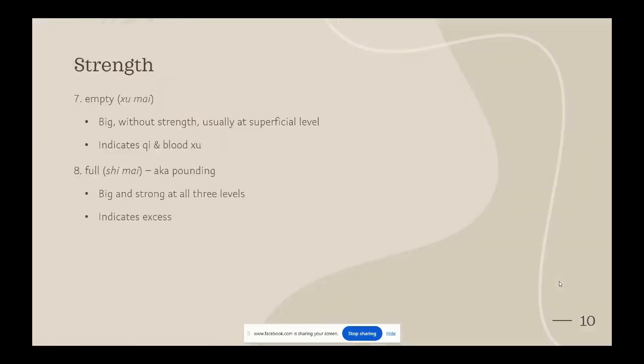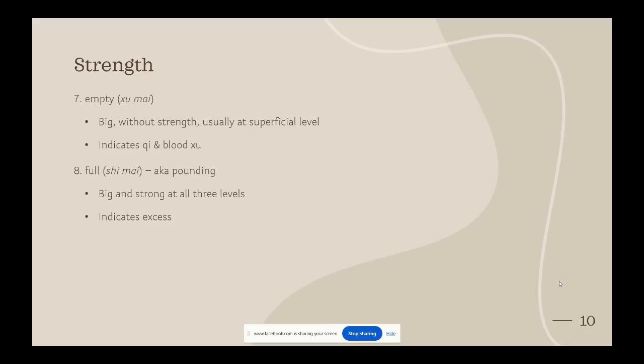So moving on to strength. An empty pulse is one that feels big, but it doesn't have strength to it, and you usually feel this at the superficial or the qi level. It's also been described as a pulse that feels weak and soft, like a balloon partially filled with water.